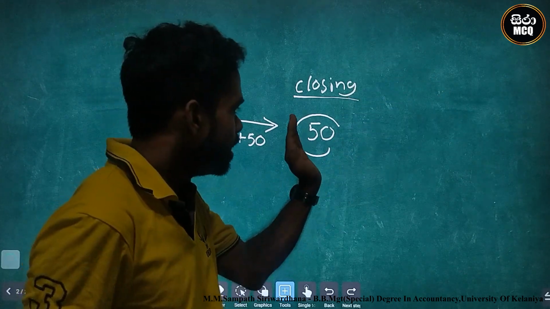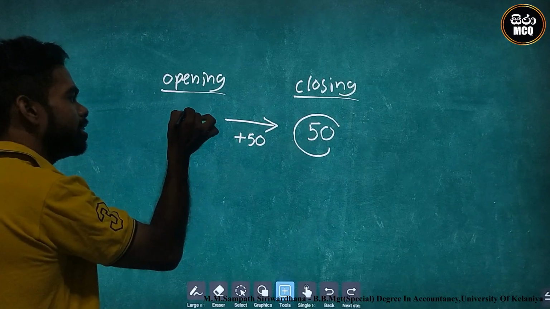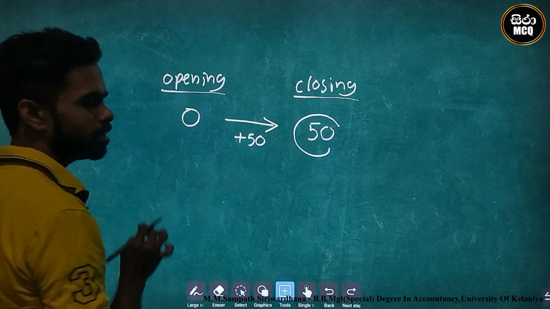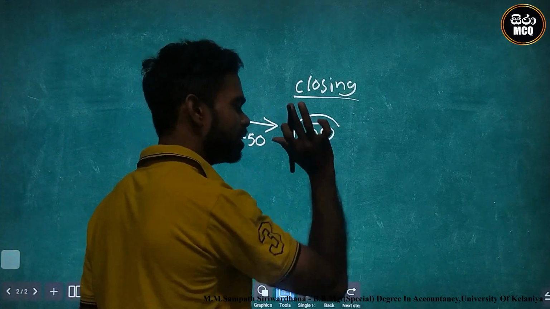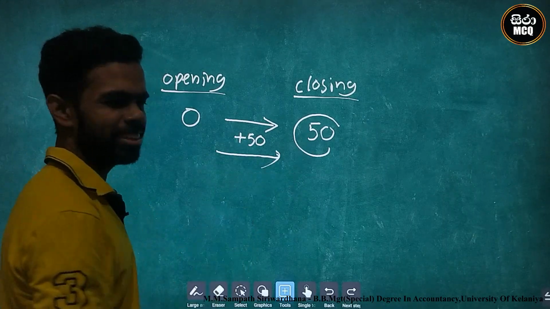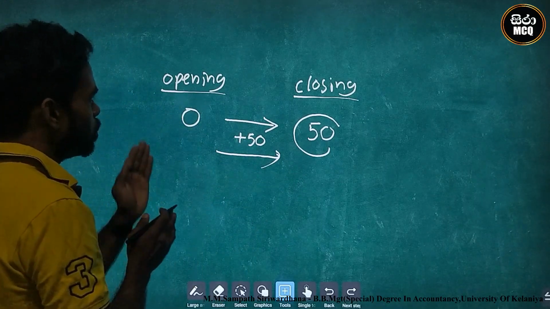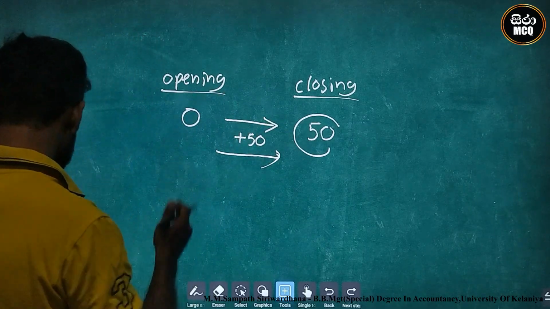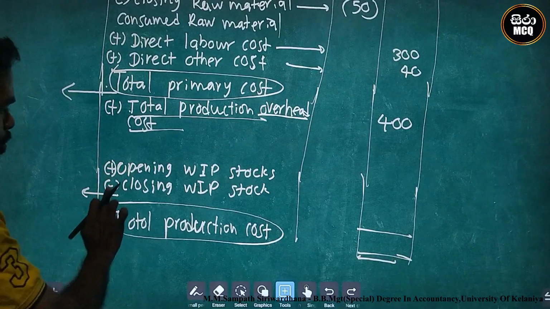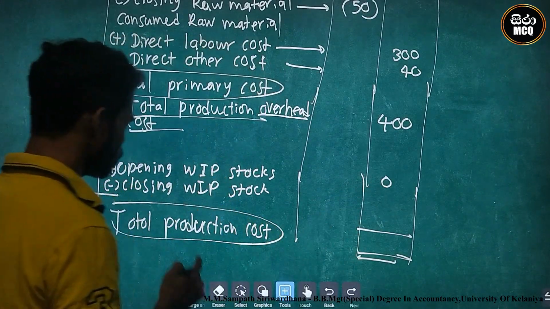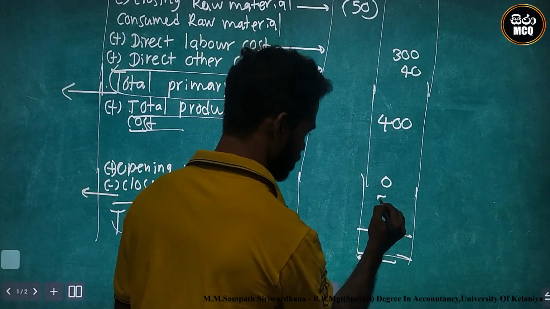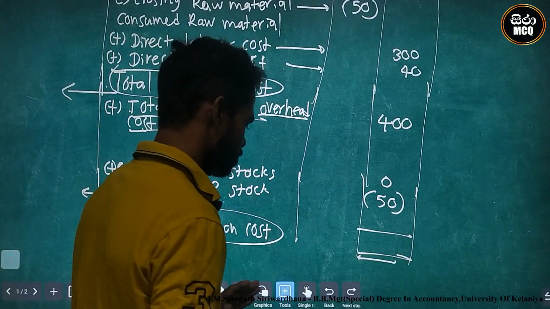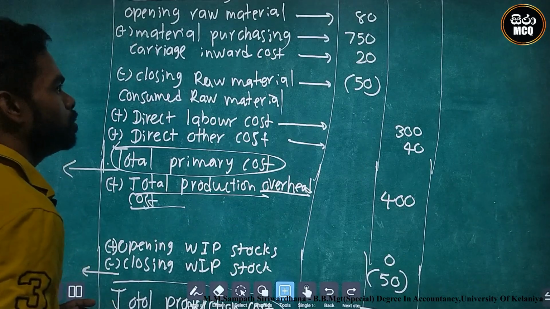At the end there is an increase, and I enter opening as 0. Opening work in progress is 0, closing work in progress is 50, and 50 should be deducted. Therefore, we can calculate all the information.